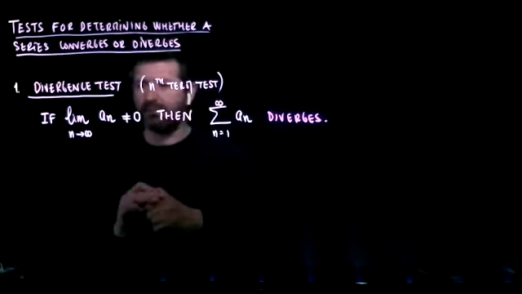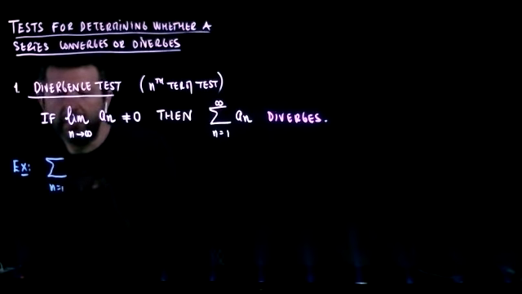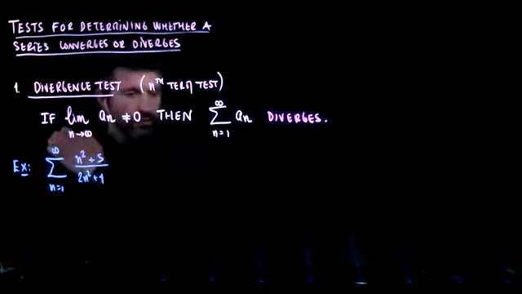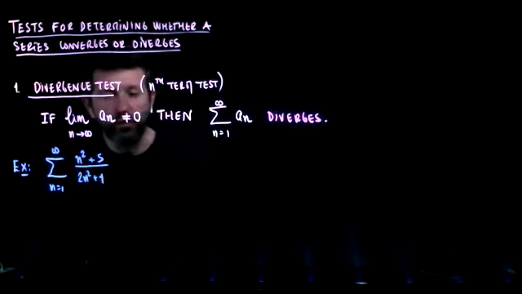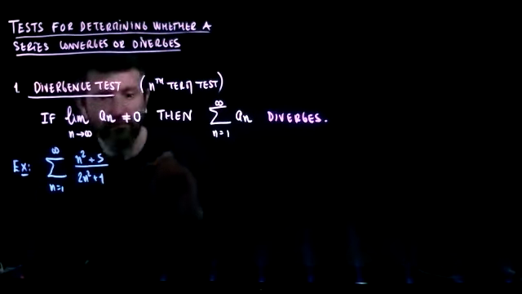So for example, the series sum from n=1 to infinity of (n^2 + 5)/(2n^2 + 1). Okay, so here's a series. Does it converge or diverge? Well, you're going to take the term inside.